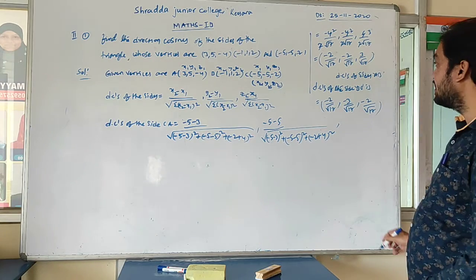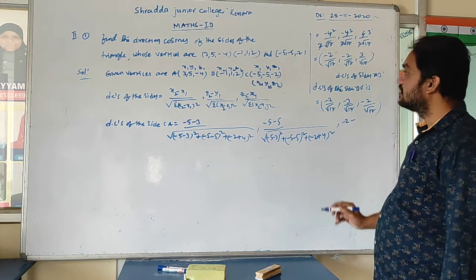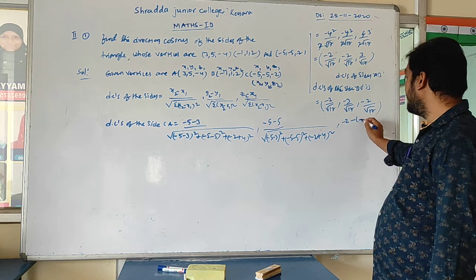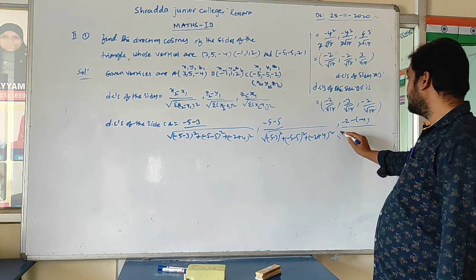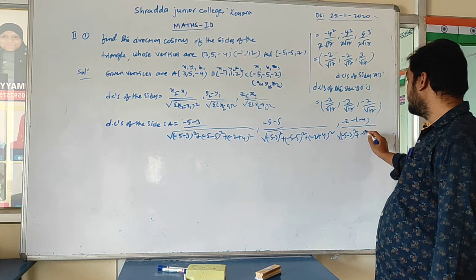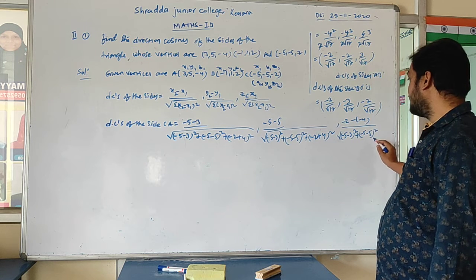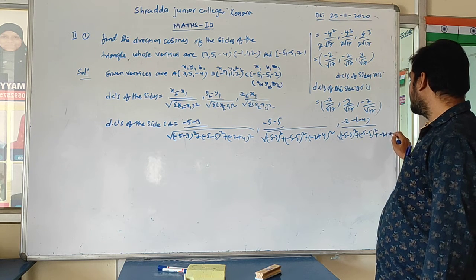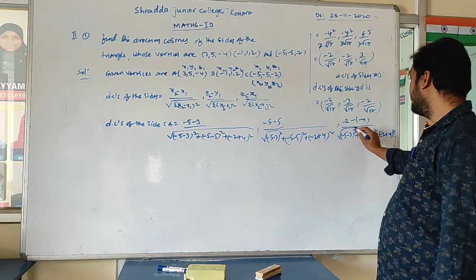What is z2 here? That is minus 2 minus z1, which is minus 4, by the square root of (minus 5 minus 3) whole square plus (minus 5 minus 5) whole square plus (minus 2 plus 4) whole square.